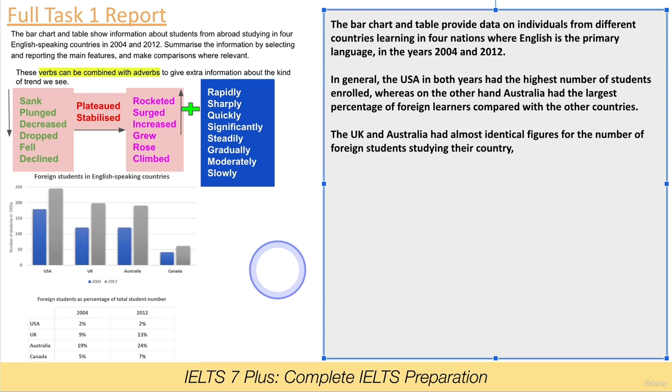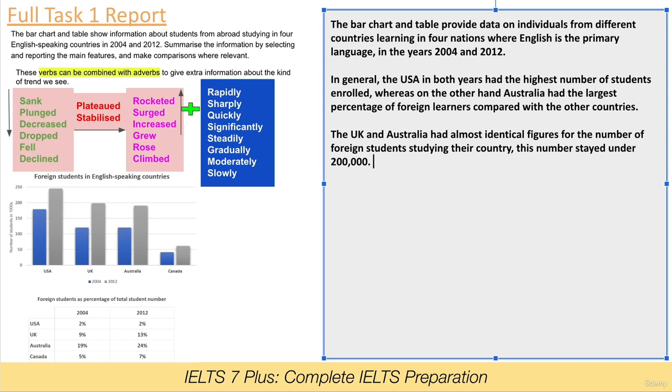And it was actually under 200,000 for both years. This number stayed under 200,000.